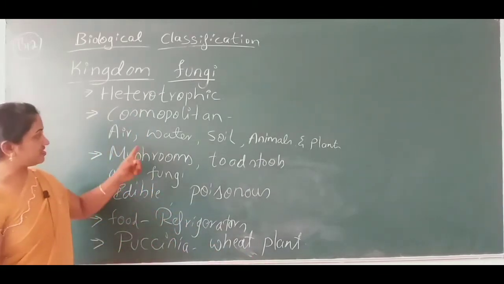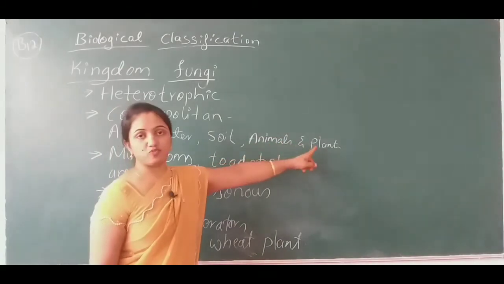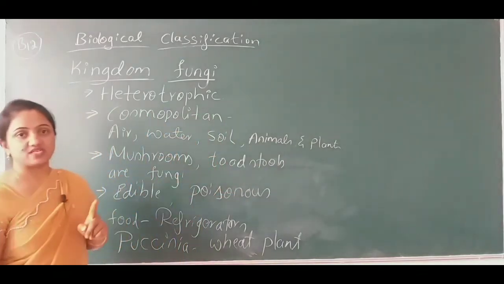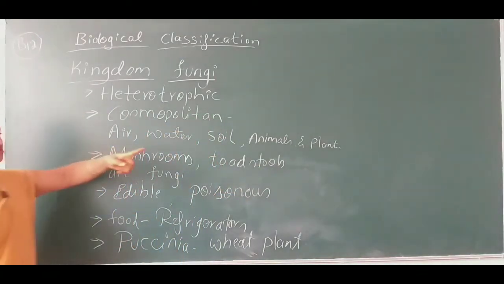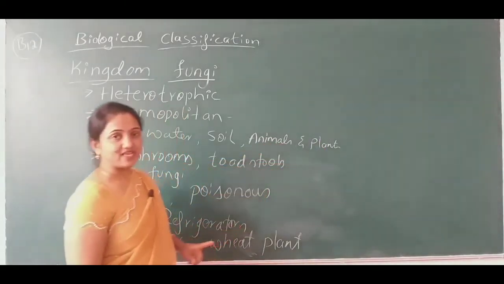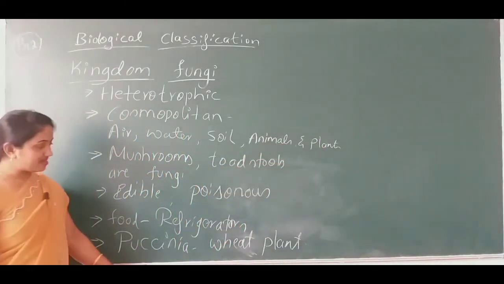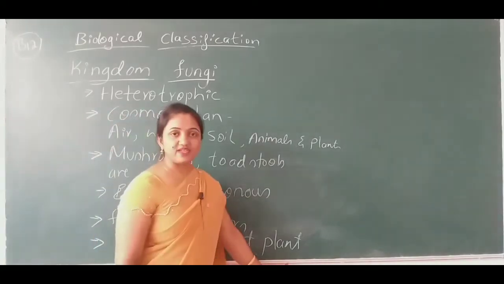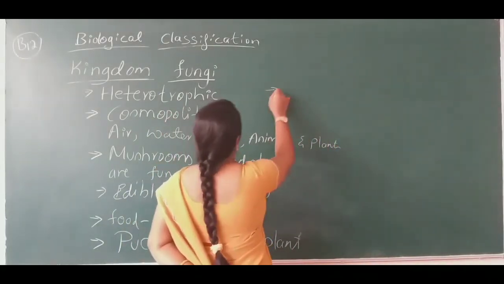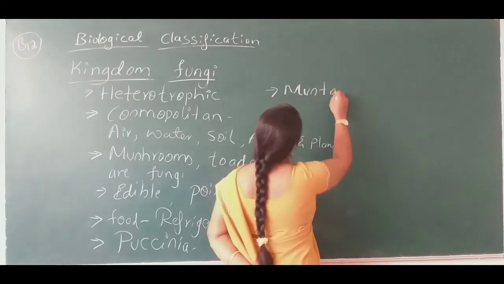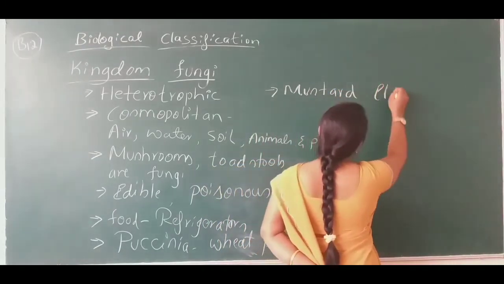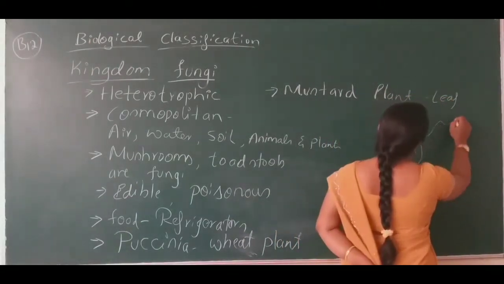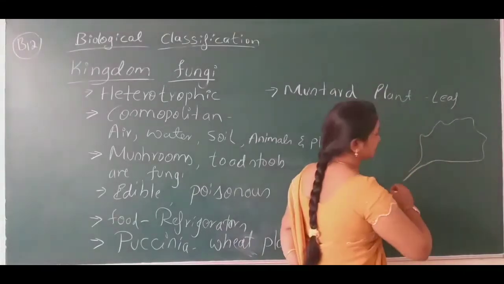Okay, so as we mentioned here, they are cosmopolitan. The fungi grow in plants also. One example of such a fungus which grows in the plant is Puccinia, which grows in the wheat plant. You might have seen the mustard plant leaf, which is green in color.